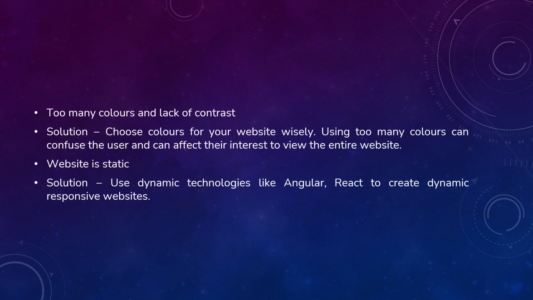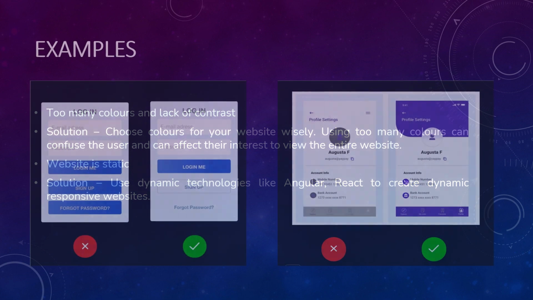Solution: choose colors for your website wisely. Using too many colors can confuse the user and can affect their interest in viewing the entire website. The third one is a static website. Make your website dynamic using technologies like Angular and React.